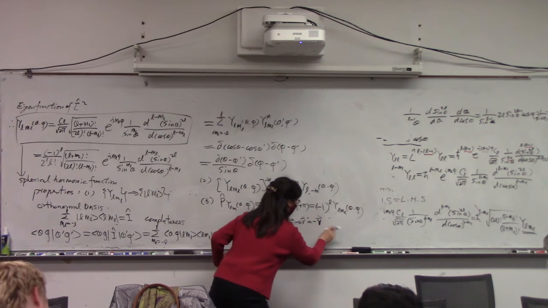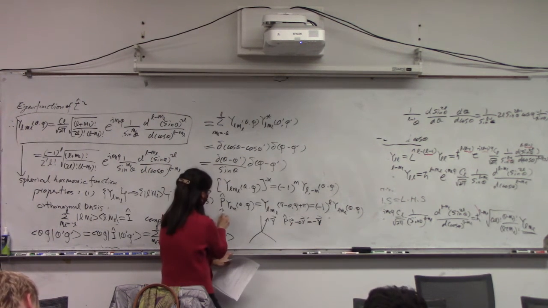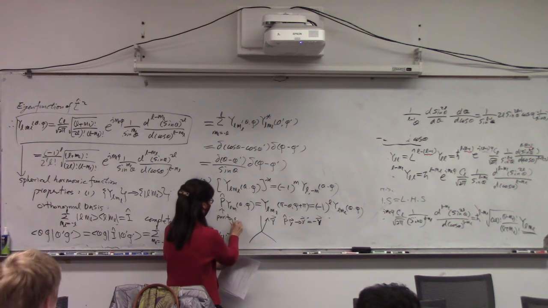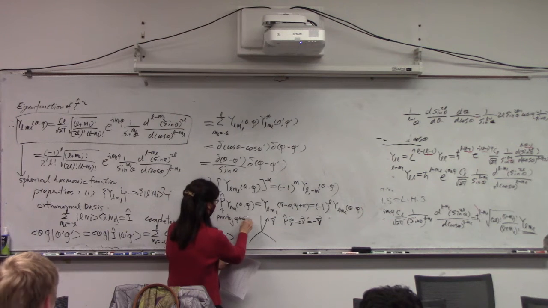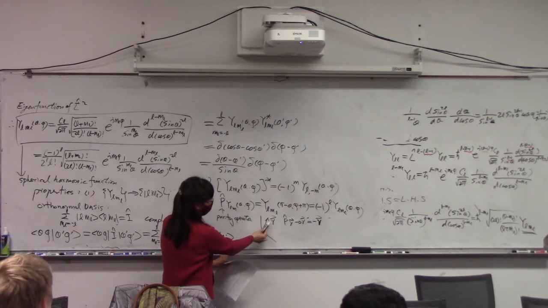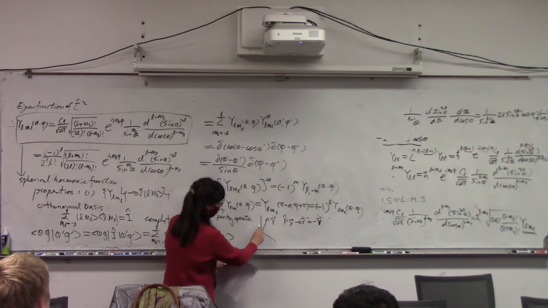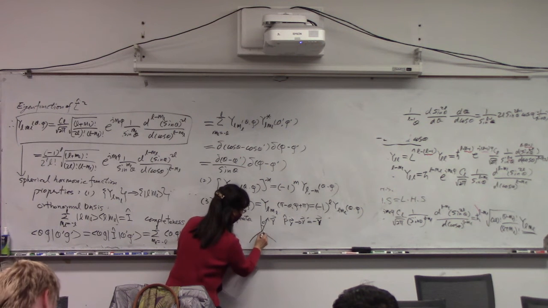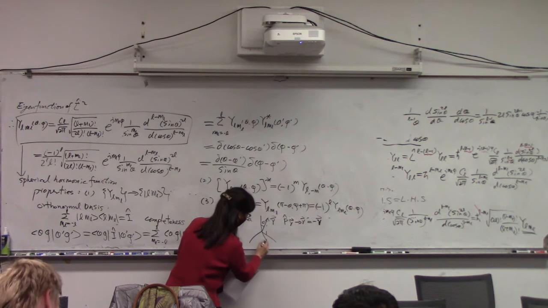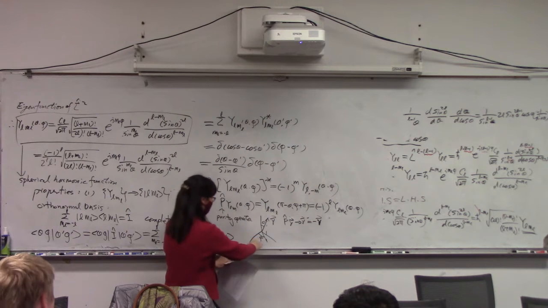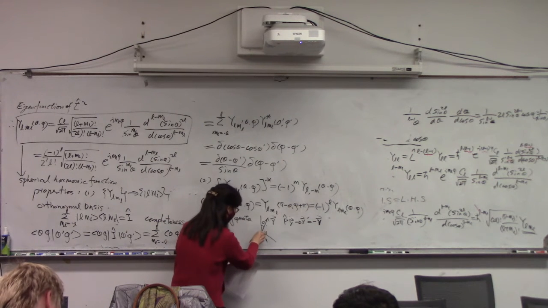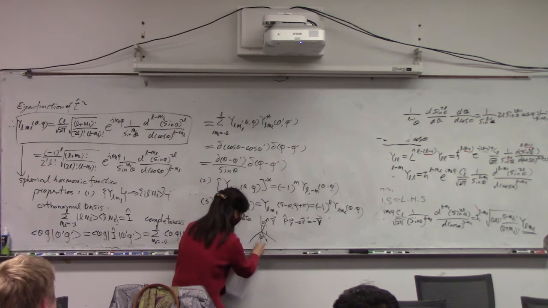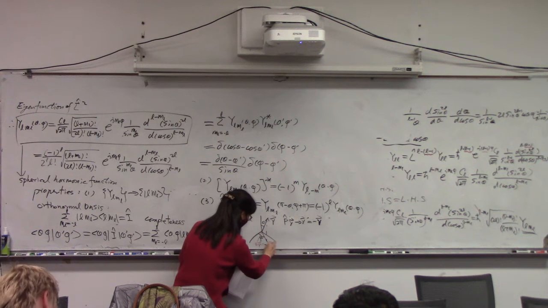That's the parity. This is the parity operator, which always changes the vector to negative. So here we have theta, here is phi, right? When the r goes to the negative, this r prime goes to negative r.